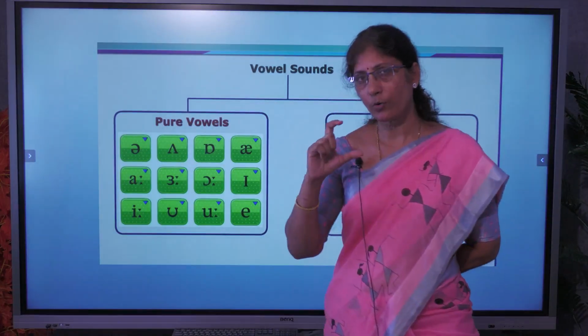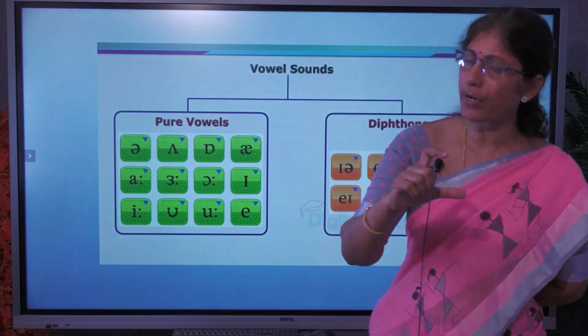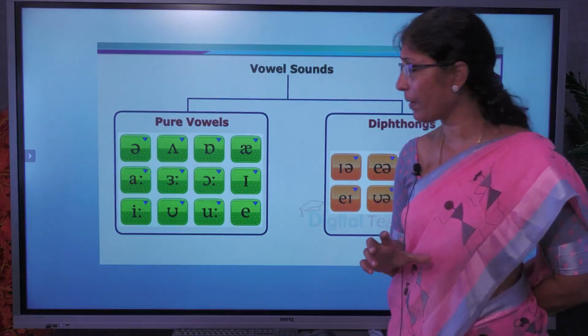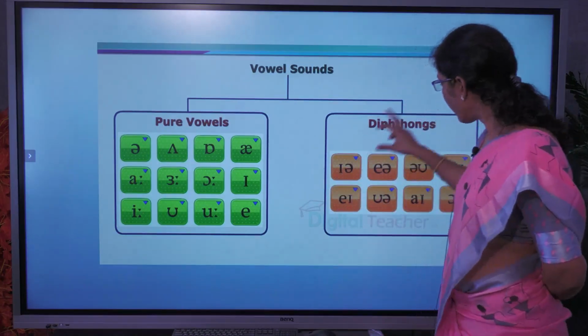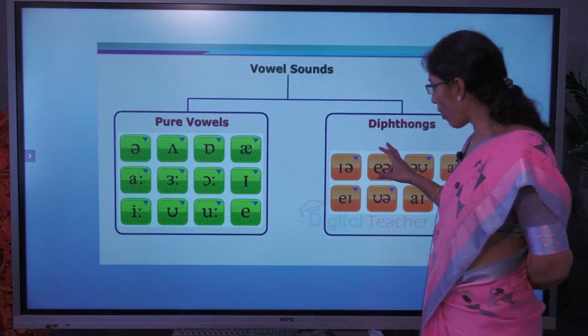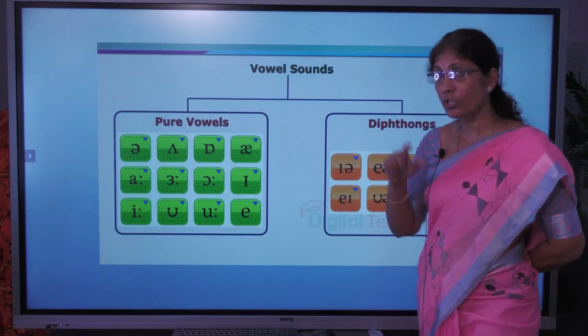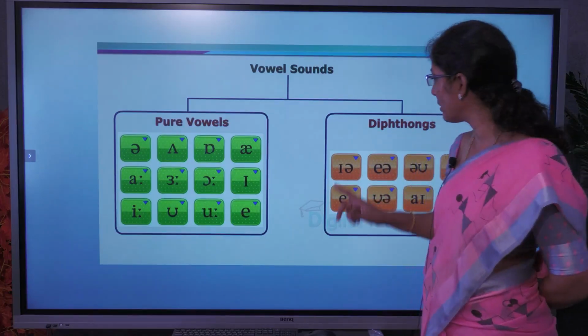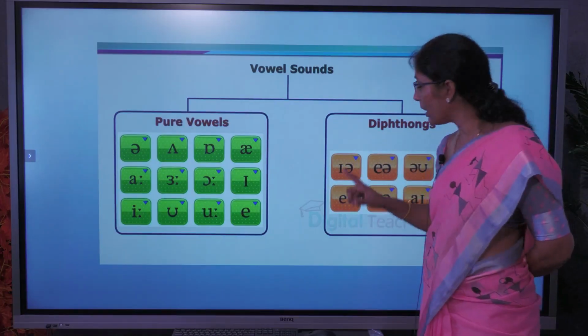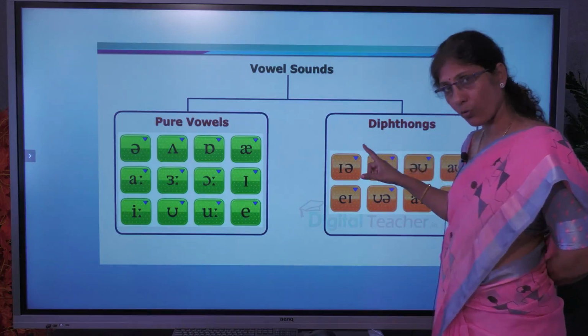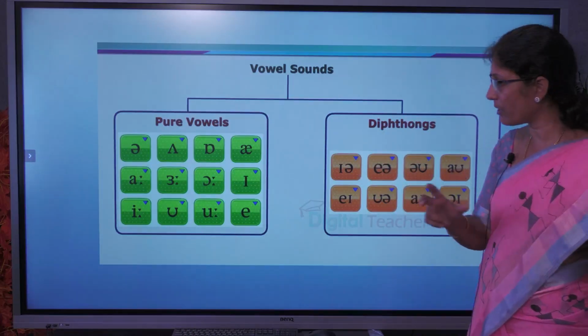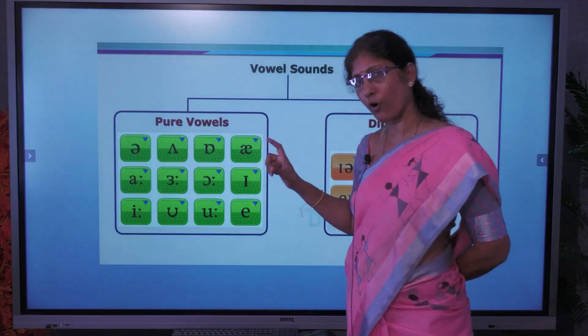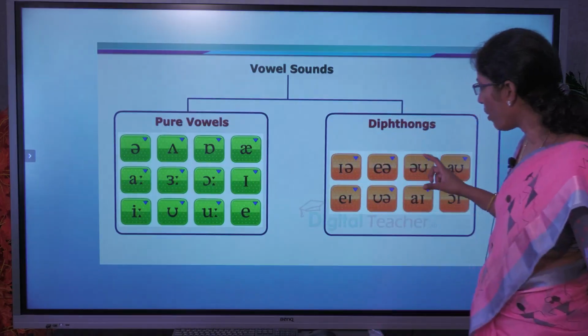Long vowel means the duration of the airflow is a little bit longer than the short vowel. A diphthong means a combination of 2 sounds, that is, a combination of 2 short vowels. Got it?